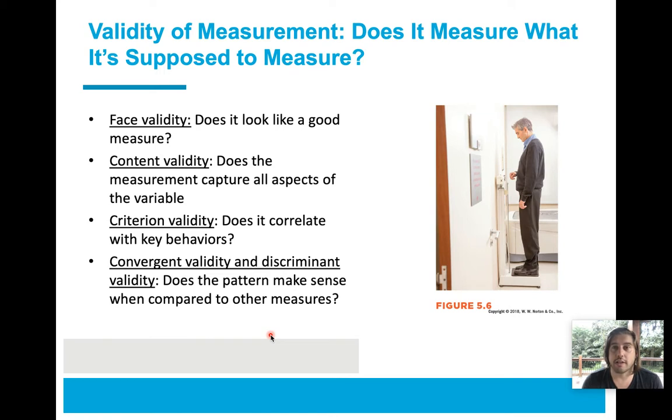The data you collect in the lab might not match up with the criterion, with the behavior out in the real world. And then lastly, convergent and discriminant validity. This is basically about patterns of responses across similar measurement tools. So we're going to take each of these in turn and break them down and show how they're important components to the idea of measurement validity.